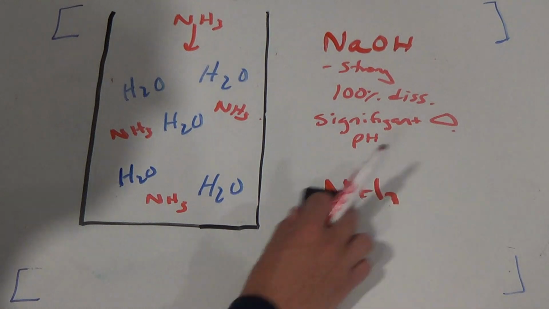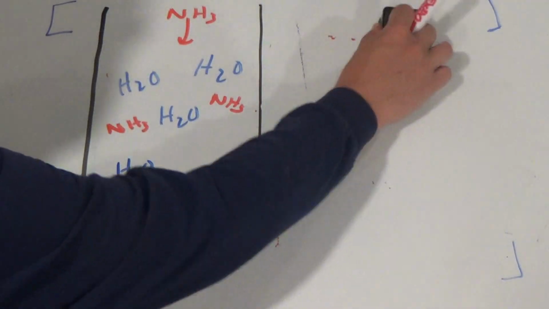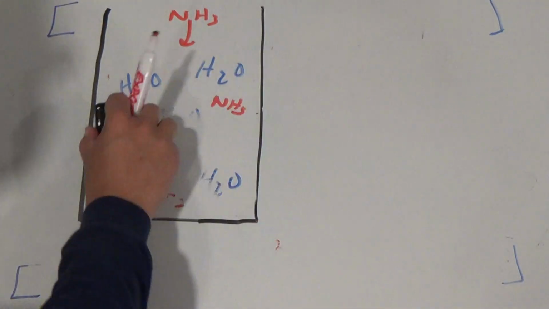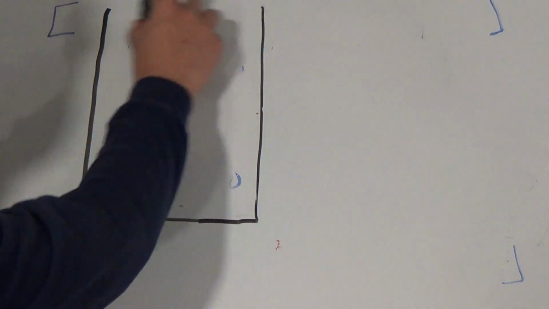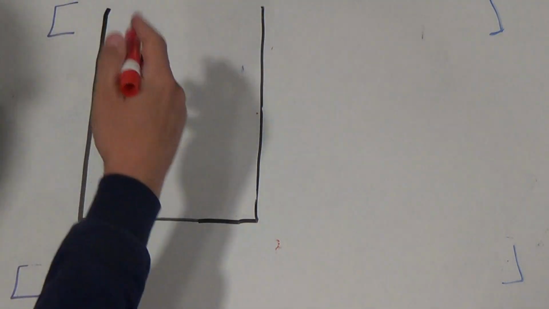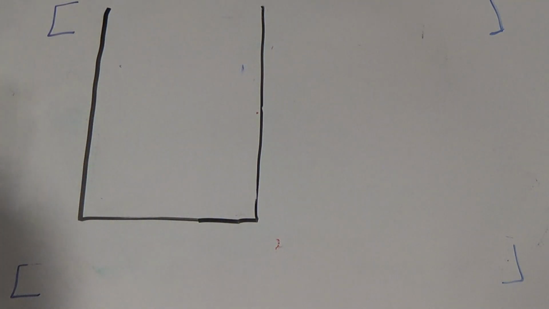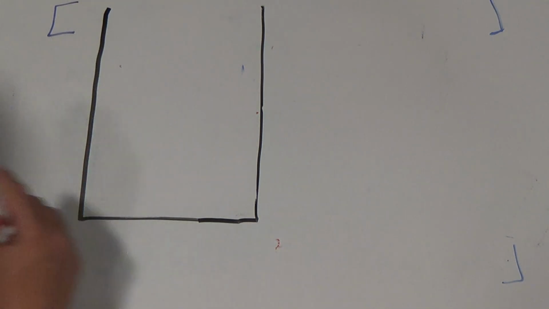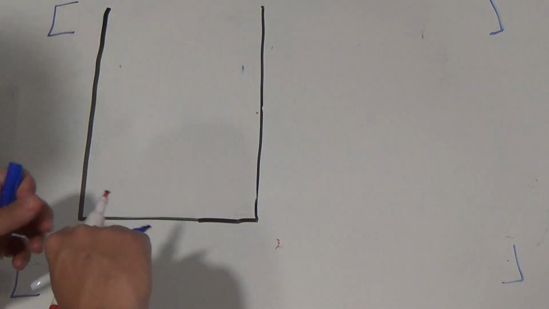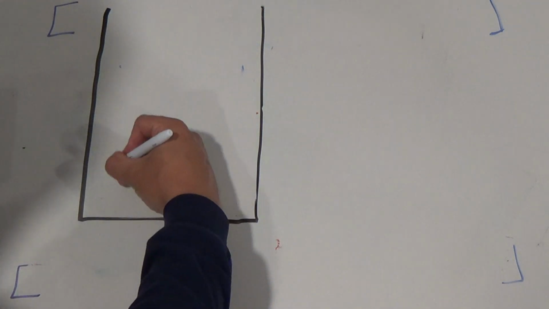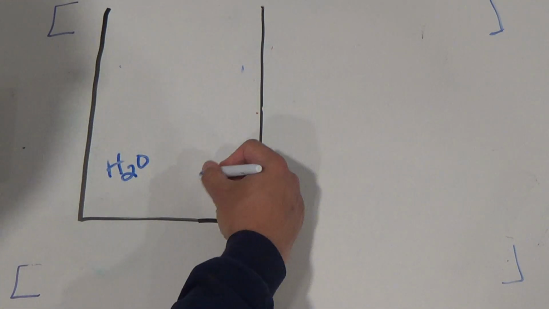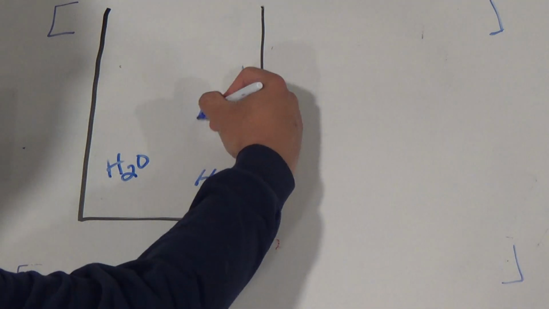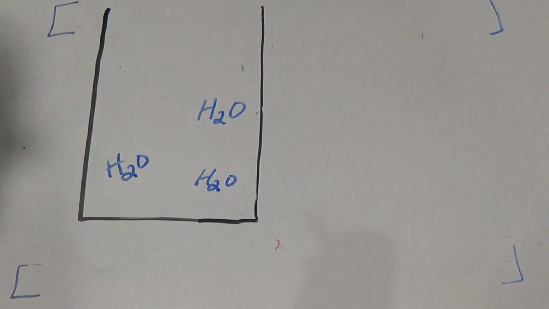So I'm going to leave you with a teaser for tomorrow. So let's say I've got this. Let's throw our sodium hydroxide in there. So let's say I've got 3 waters.